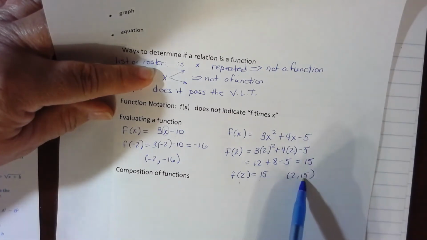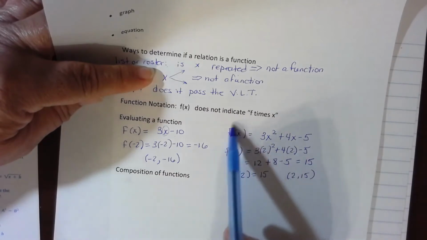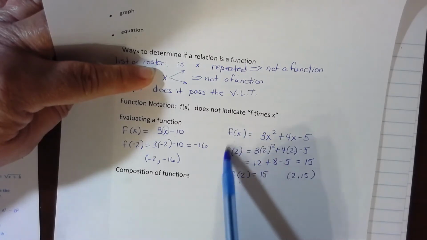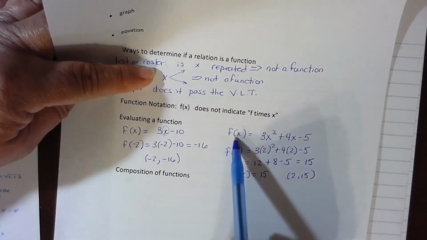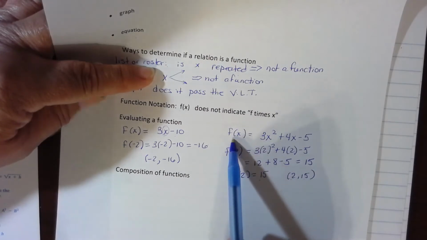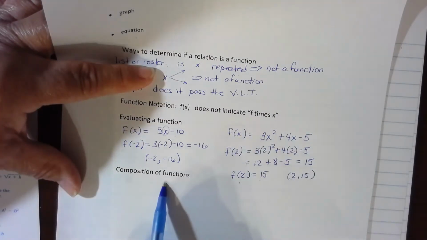When x is 2, y is 15. So some of us have learned that f of x is really just another name for y. It means find the y when x is 2. And often when we have f of x and we're doing some work, we'll just substitute and replace it with y. All right, hang on to this paper.